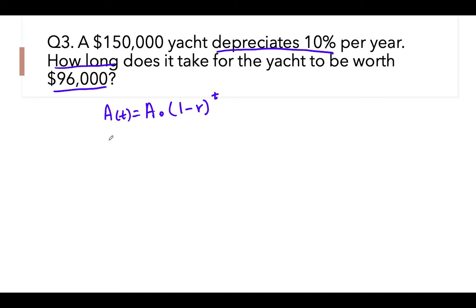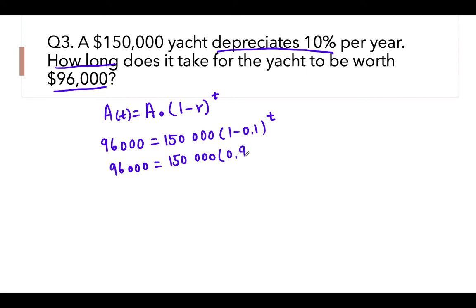So we understand that it's going to depreciate, so it's going to decrease. This is my final amount, and this is my initial amount, which we bought it for. 1 minus 0.1, 10%, right? And then t.